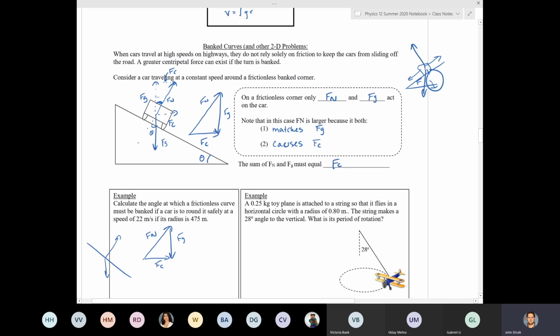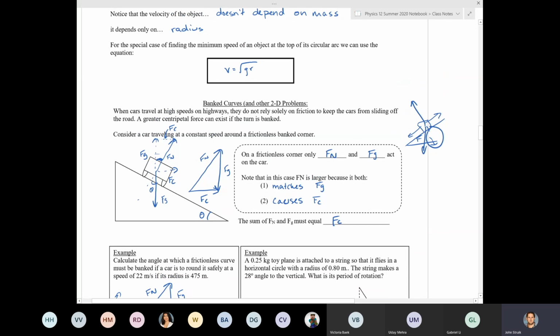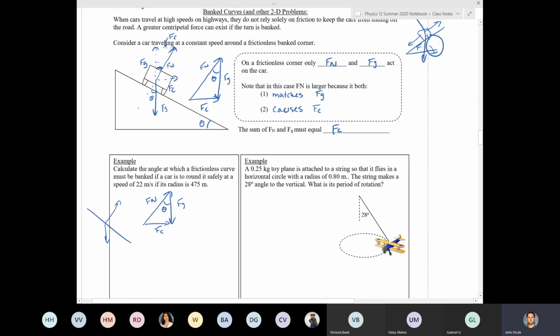Remember from inclines, we had our FG going down, our FN going that way, and then perpendicular, that was our incline. This angle was the same as that angle right there. So the angle formed between FG and FN is the angle of the curve right there. That's what we're trying to find.